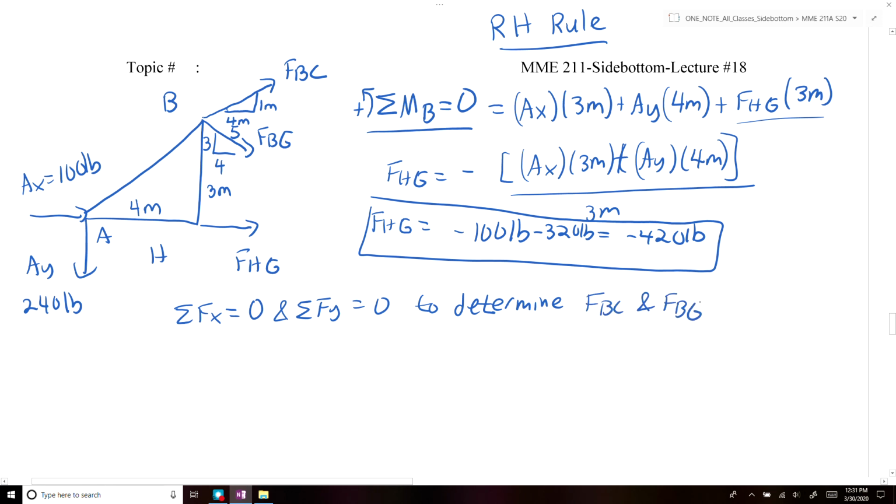All right, so we're first going to use the sum of the forces in the y direction because there are fewer forces.